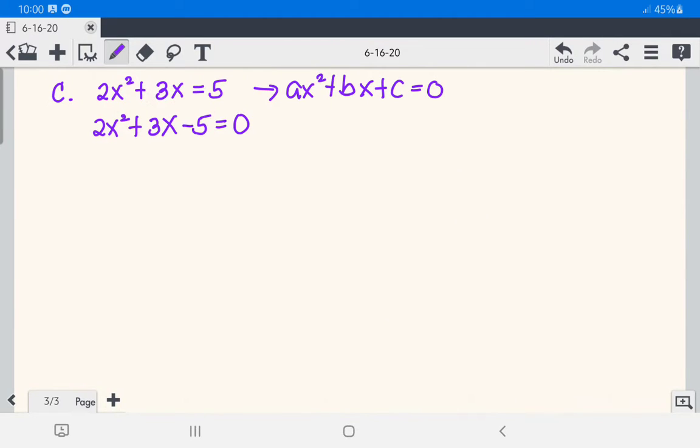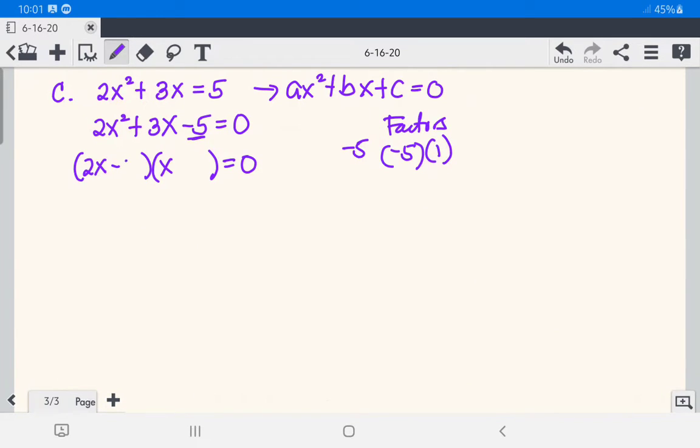The next is you have to factor this trinomial. So let us use the trial and error method. We have 2x squared, so we have 2x and then x. How about if we have negative 5 here? Let's see, factors of negative 5 are negative 5 and then positive 1.